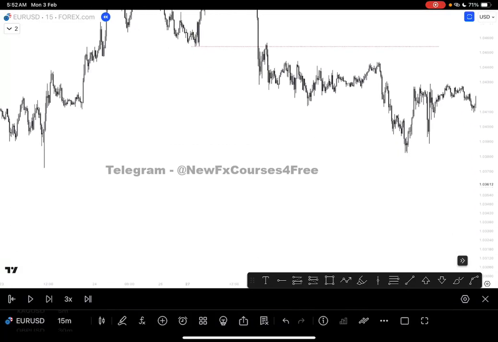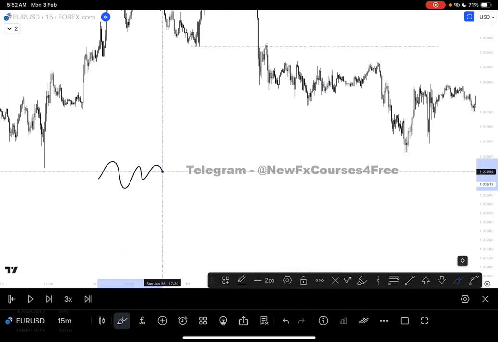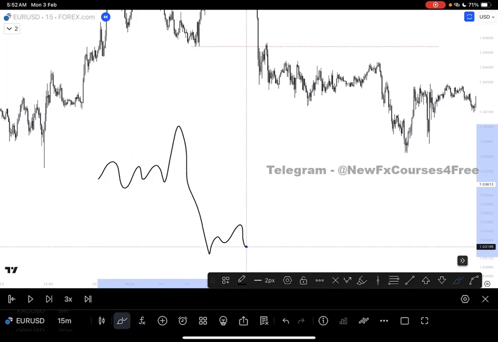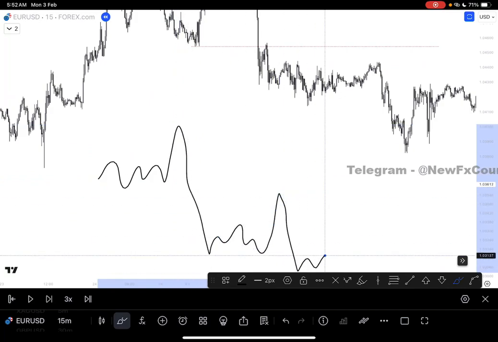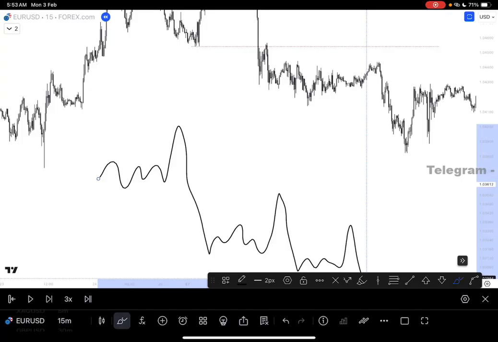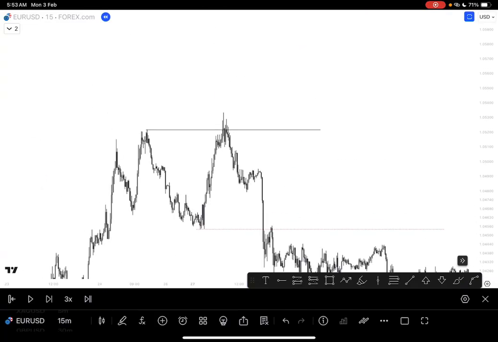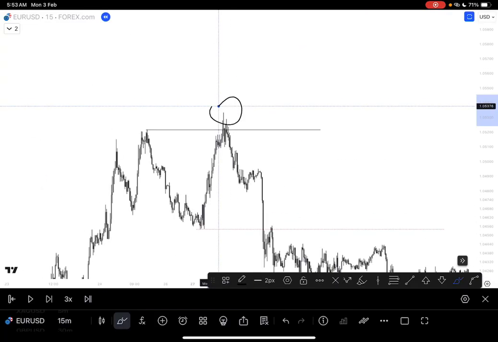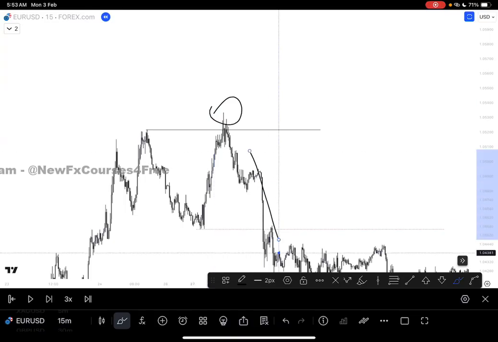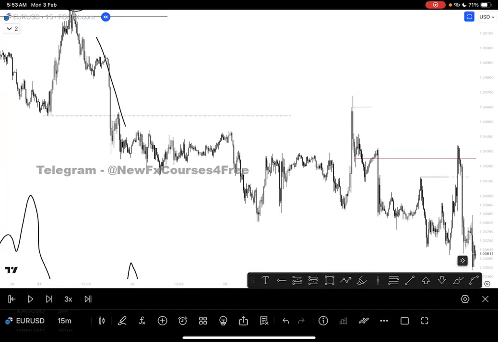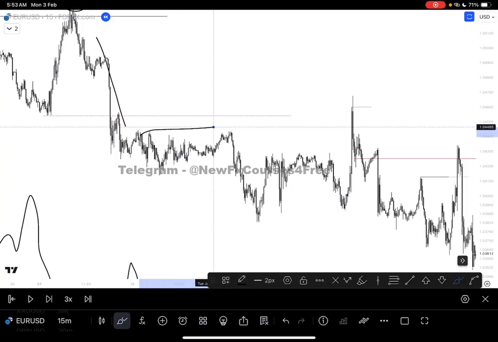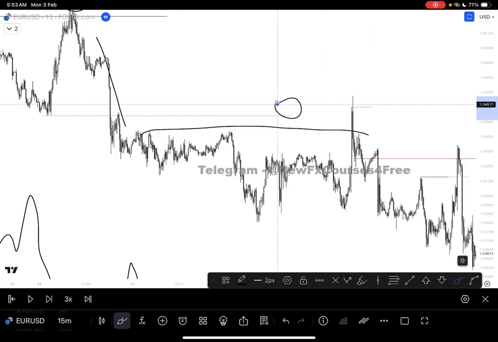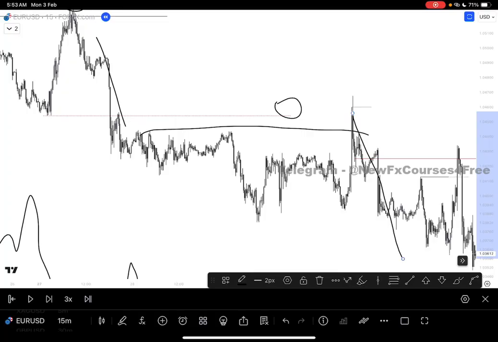Let me give you a structure. Range, total soup, decline. Range, total soup, decline. Range, total soup, decline. Here, total soup, decline. Same thing here. Total soup into key level, decline.